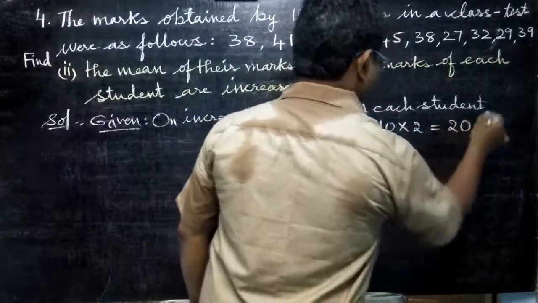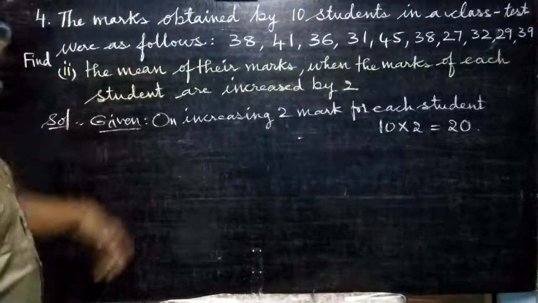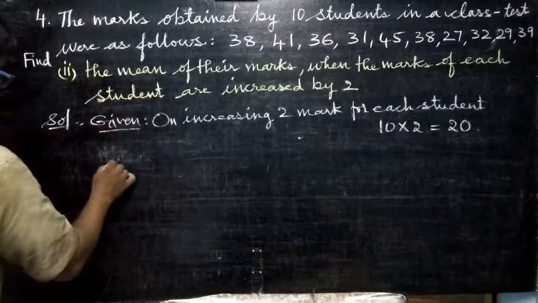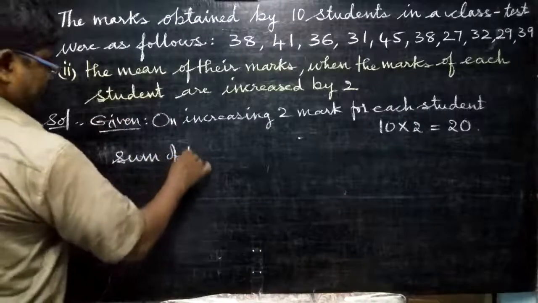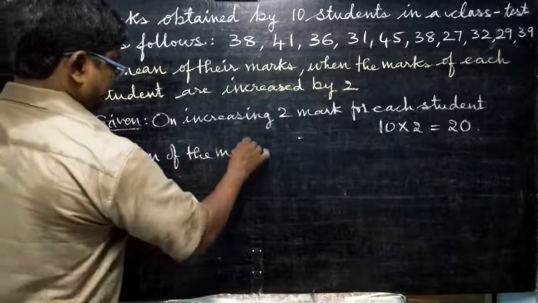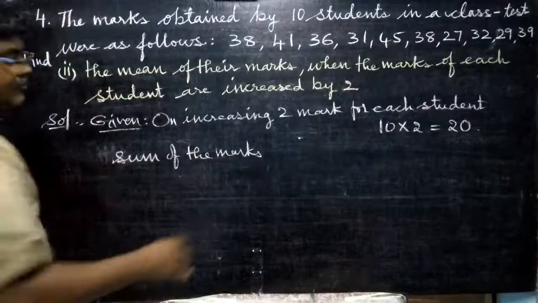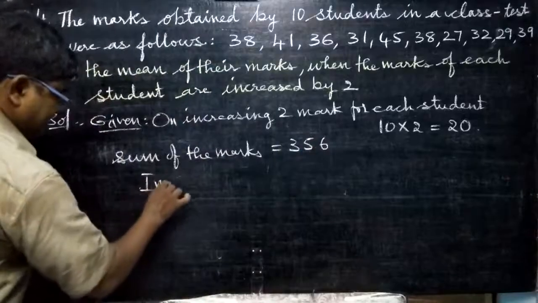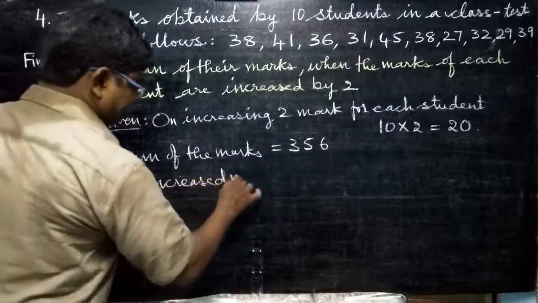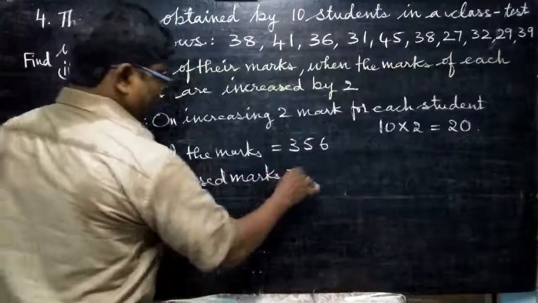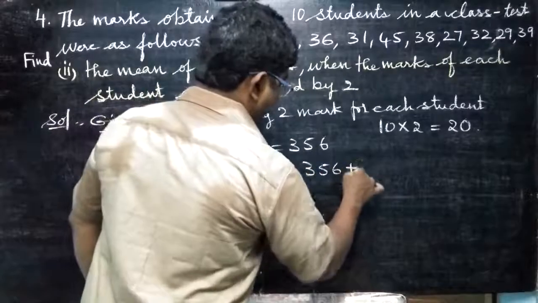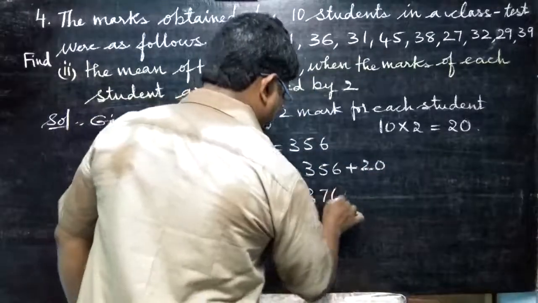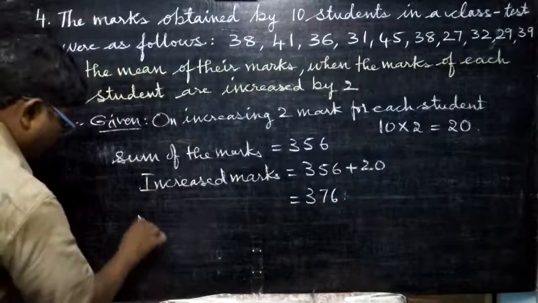So, 20 marks increased. Now we are going to add to the sum of the marks. What did we get before? 356. Now, increased marks. How much increased? For 356, add 20. Then it will be 376.